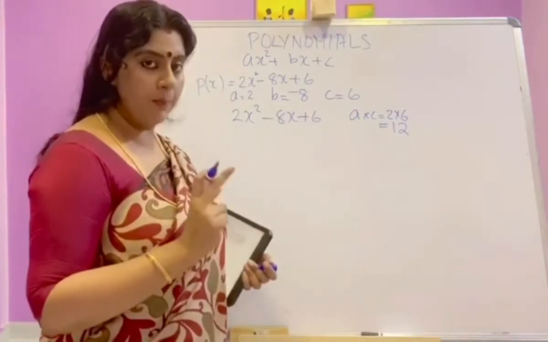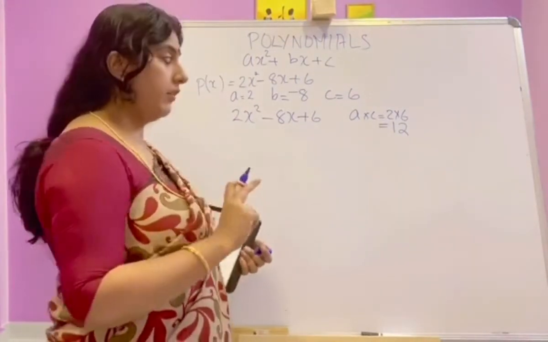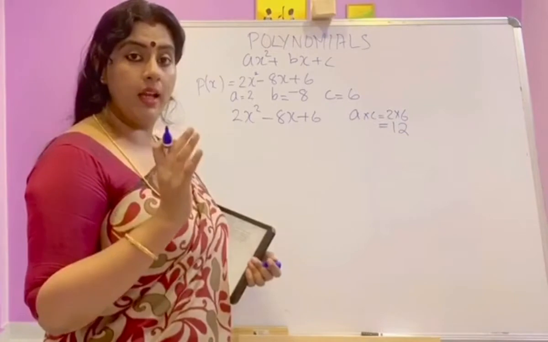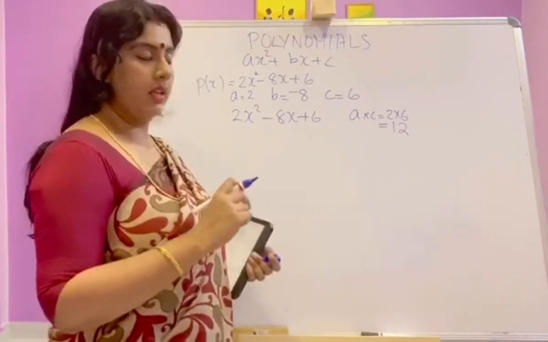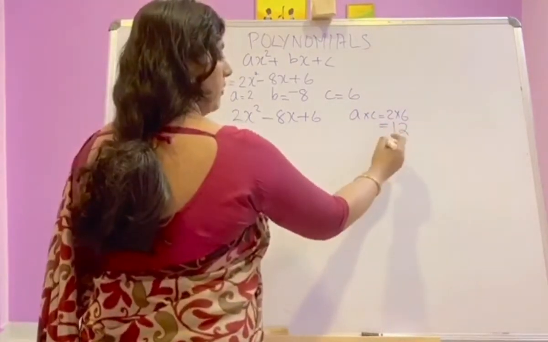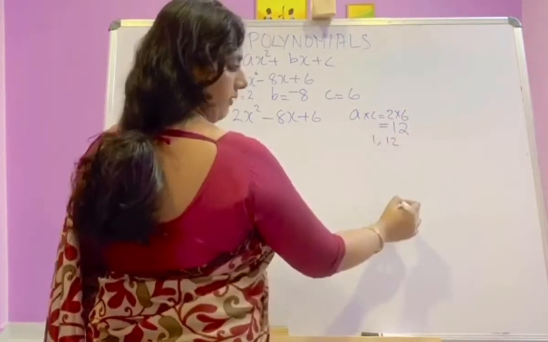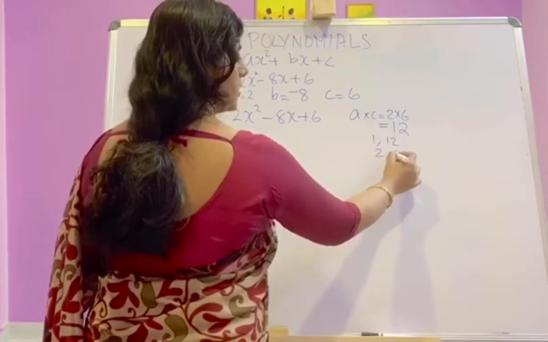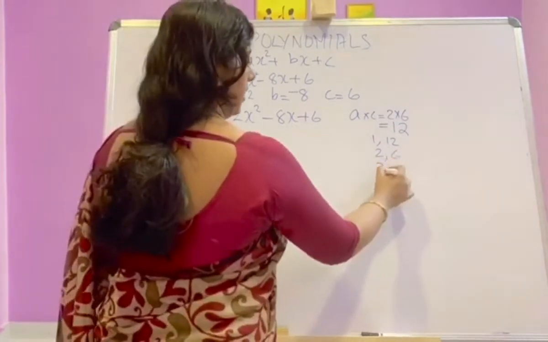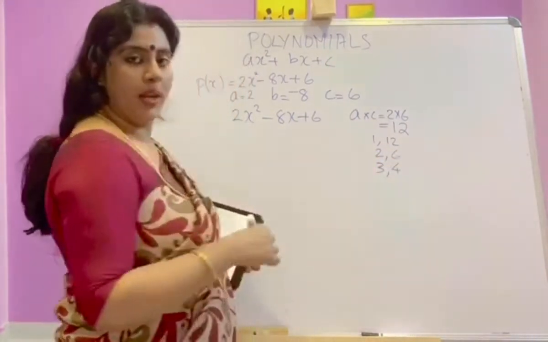After finding the product of a and c, then we have to find the pair of factors. For 12, we will get how many pairs? 1 into 12 is 12. Next is 2 into 6 is 12. 3 into 4 is also 12.